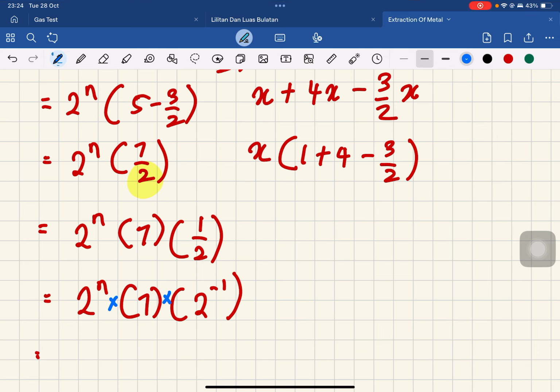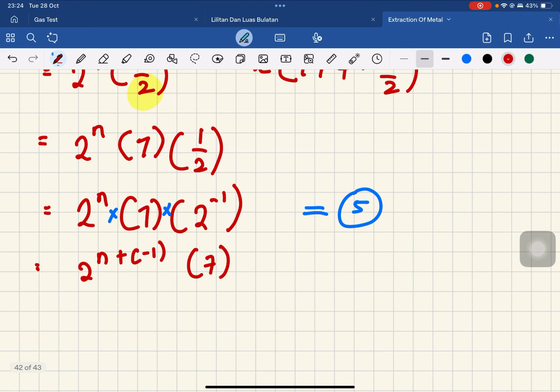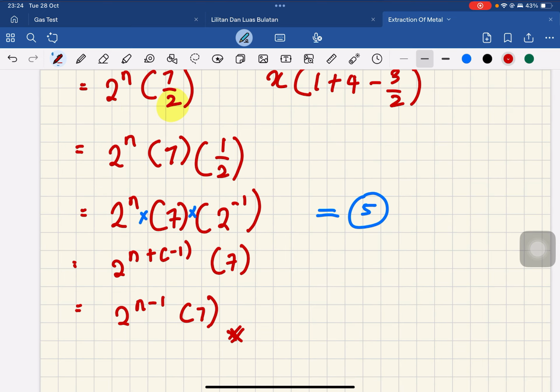So we're just going to apply rule number 5 again. So 2 power of n plus negative 1, times 7. 7 cannot do anything, it's finished. 7 is just 7. So just simplify: 7 times 2 power of n minus 1. So this is the most simplified answer.